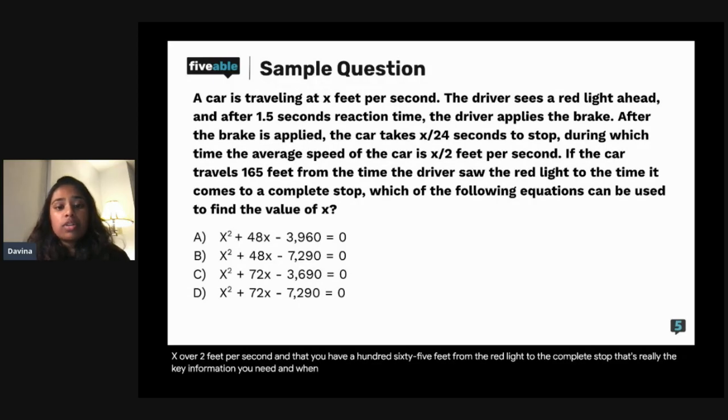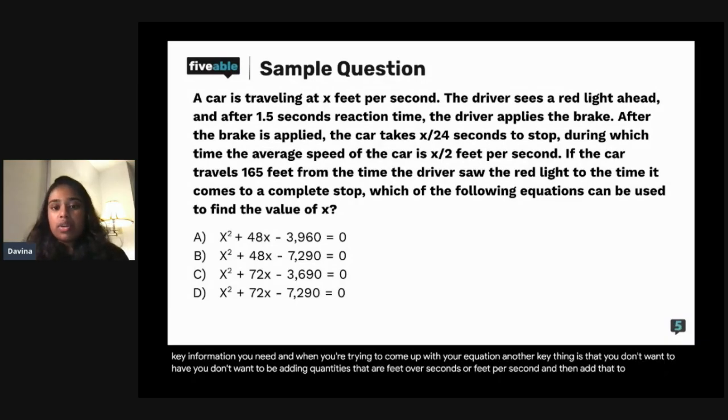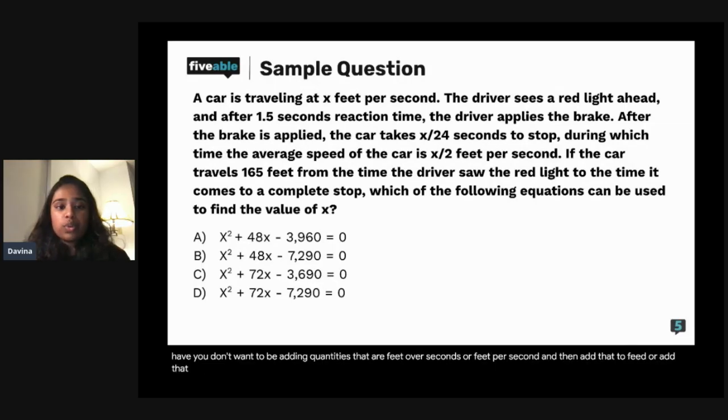When you're trying to come up with your equation, another key thing is that you don't want to be adding quantities that are feet per second to feet, or to seconds, or have a bunch of different units that you're adding up. When you set your equations equal to each other, you should have feet plus something else.